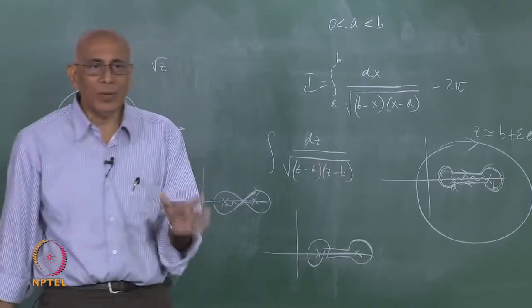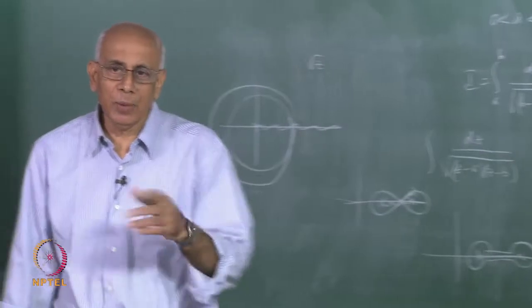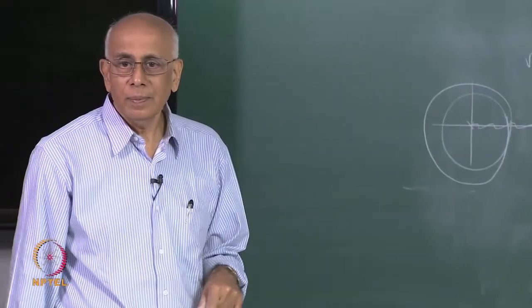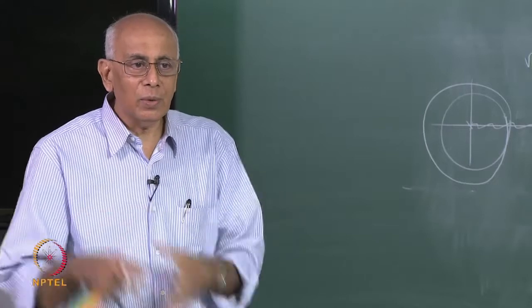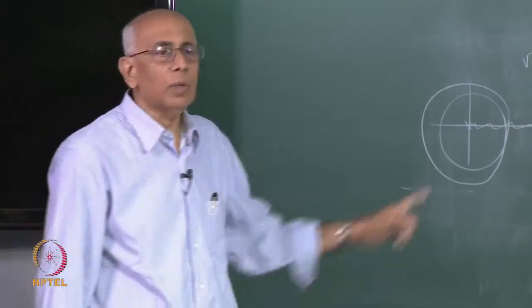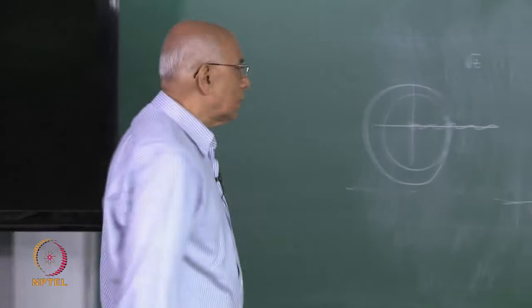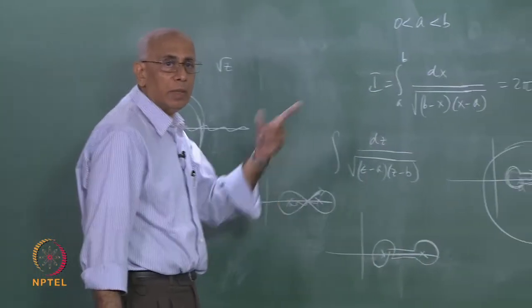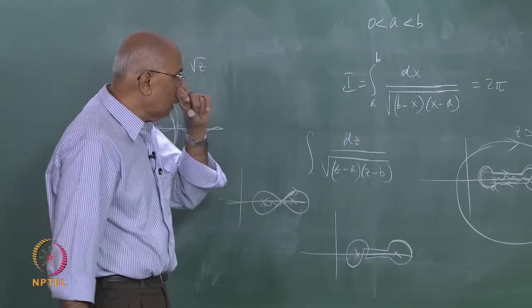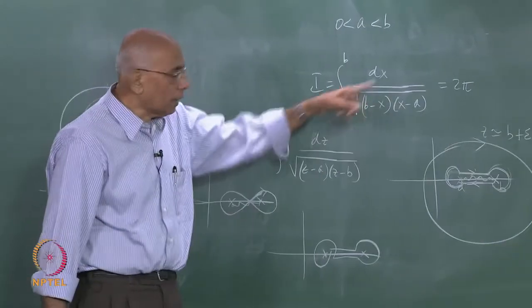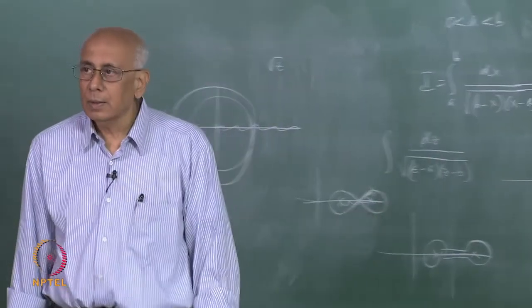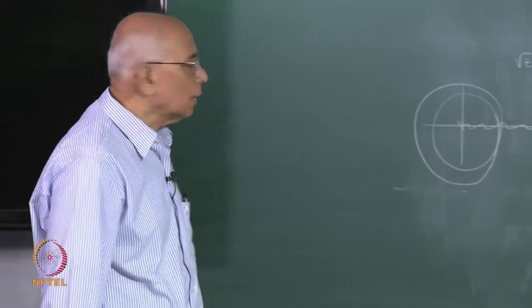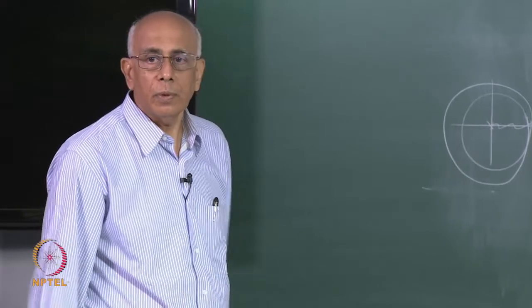Had I used 0 and 1, then there would be branch points at 0 and 1, and if you recall the definition of the beta function, there was a singularity at t equal to 0 and at t equal to 1, and I am going to exploit this feature in order to write a contour integral representation for the beta function eventually. I hope this little trick of doing these integrals with a little practice, we will do a few more of these. This is an extremely useful way of doing things.